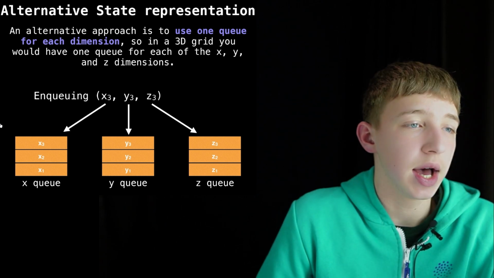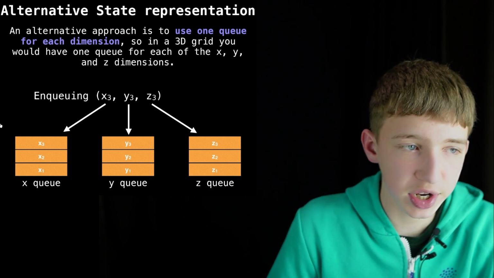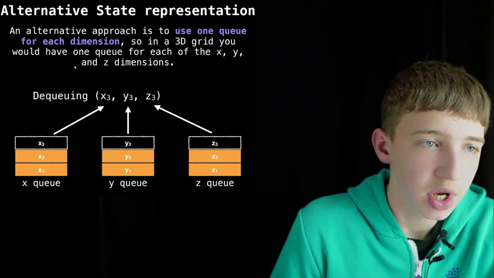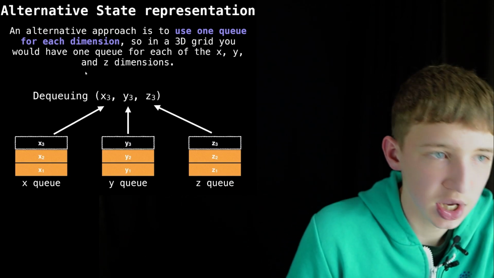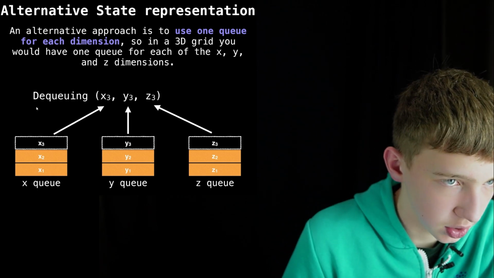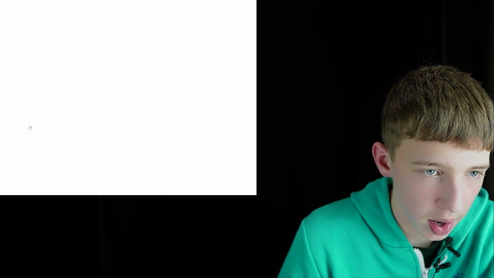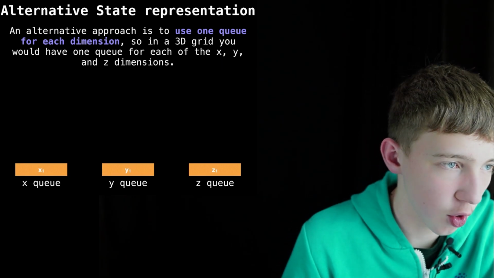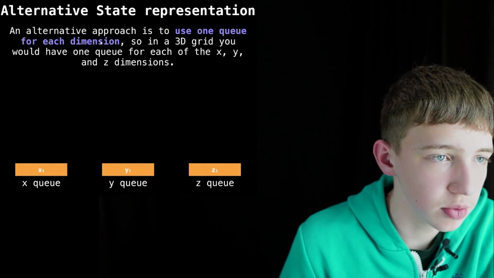How to do this? The answer is, we enqueue or dequeue from each of the queues at the same time. So for example, when we dequeue, we are pulling elements from each queue, and we need to remove from each of the queues, in this way, for example for x2, y2, z2.